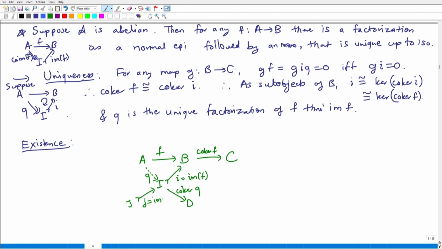So this is the image of Q. Now, this much diagram we have. The co-kernel of Q composed with Q is equal to 0, so it must factor through its kernel, the kernel of the co-kernel. So there exists an R.